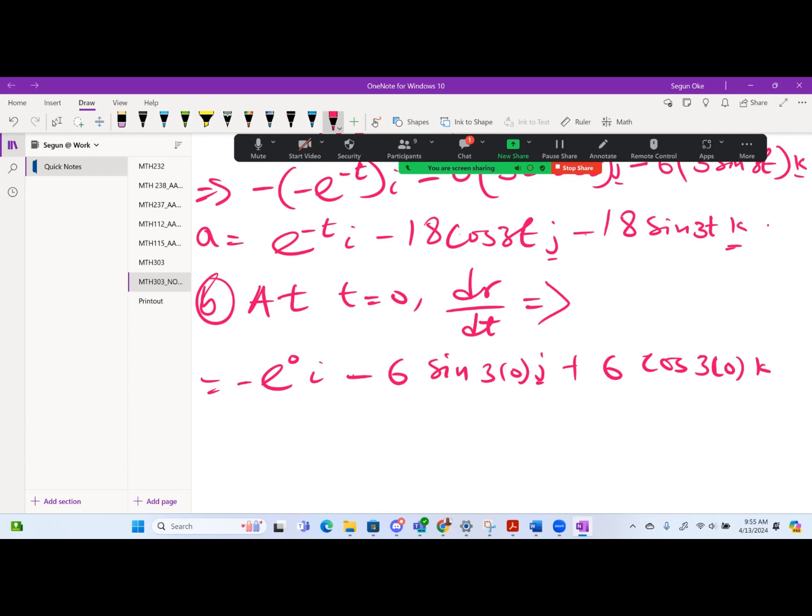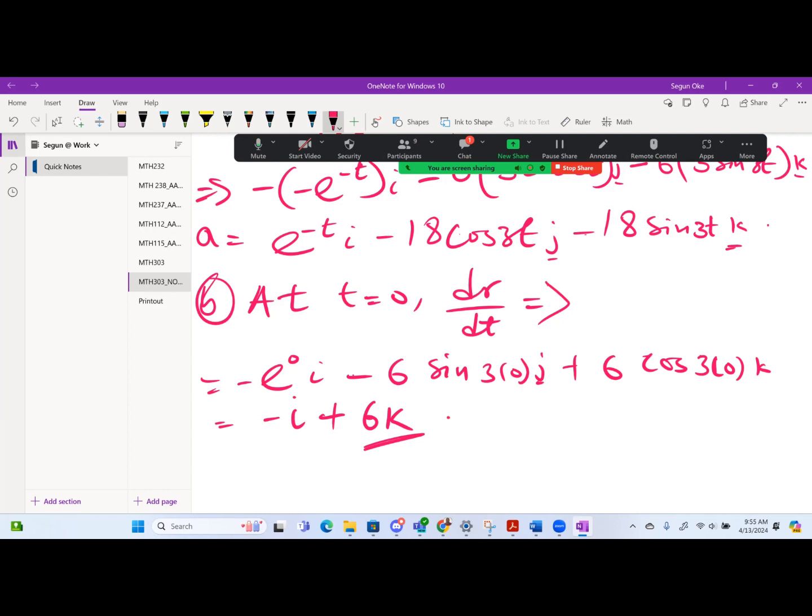I know exponential 0 will be 1, which is minus i. Sine 0 will be 0. But cos 0 is 1. 1 multiplied by 6 will give you plus 6k. So that is what we have.